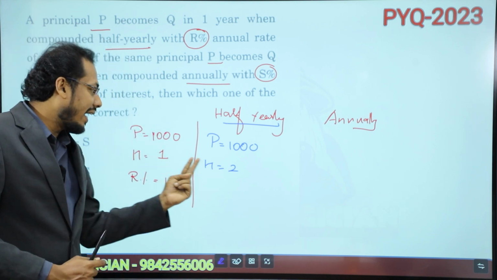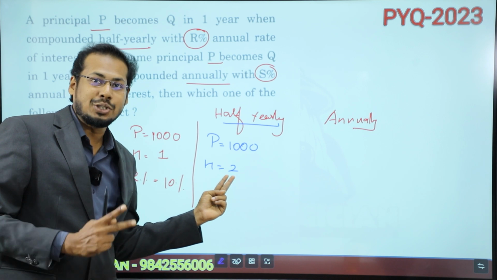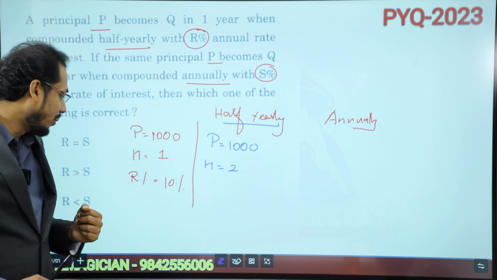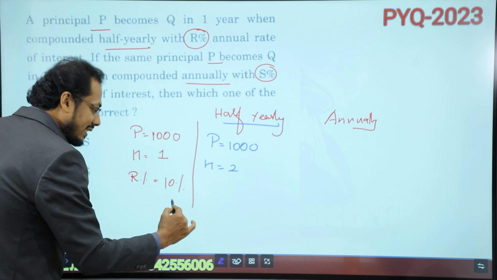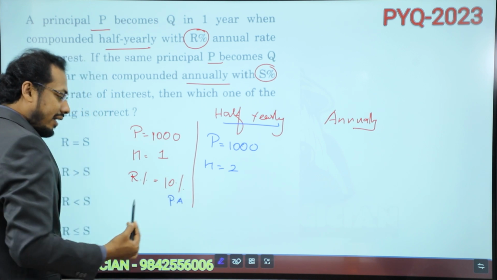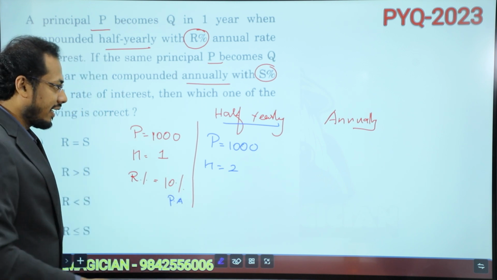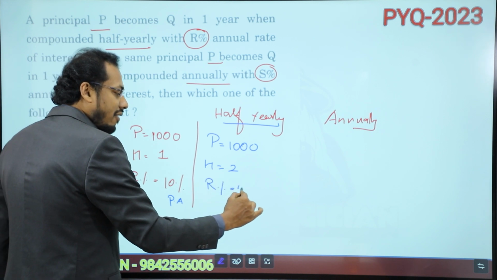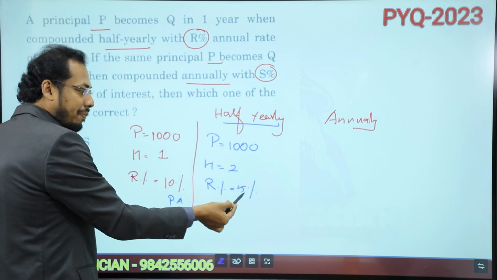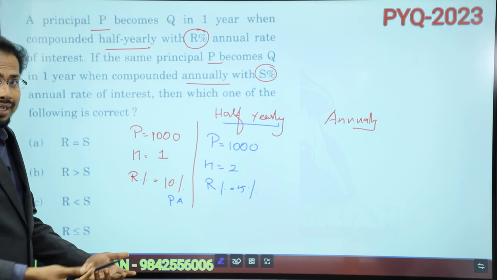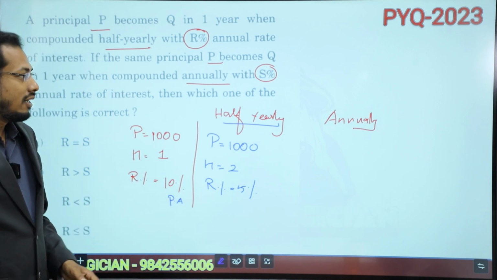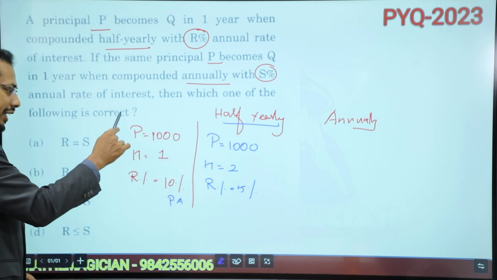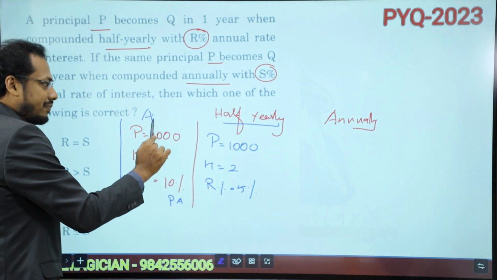So in 1 year I need to go to the bank 2 times, so n is equal to 2. The rate of interest is per annum, 10%. So half yearly the rate of interest is 5%. So 5%, 2 times, automatically becomes 10%. For annually, you need not change it.